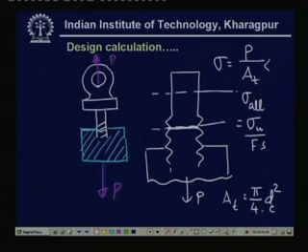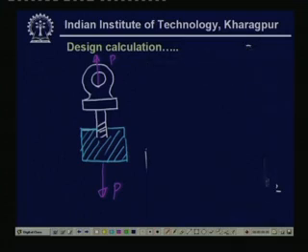Now we select the core diameter, and then in the table we find the root area, and then we select the next higher size of the thread. So this is how the thread is selected. Now there are other modes of failure, as we mentioned in the last slide, that is the shear failure as well as the bearing failure, that is a crushing failure.